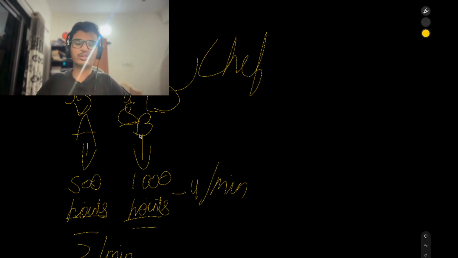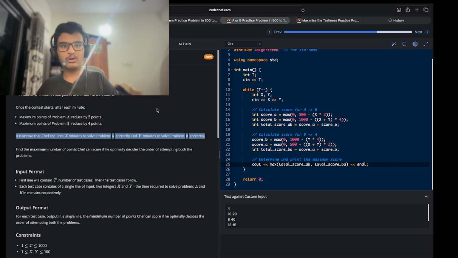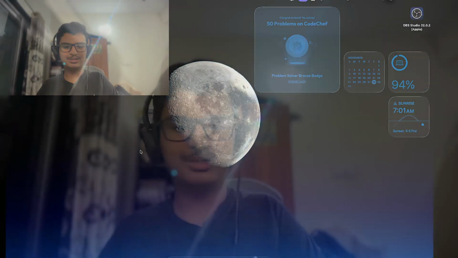What we need to do is find out the optimum sequence in which the chef should attempt these problems so as to gain the highest points. Well, this code is super easy. This is just basic simulation, or I have derived a little fancy term for it, pre-greedy.